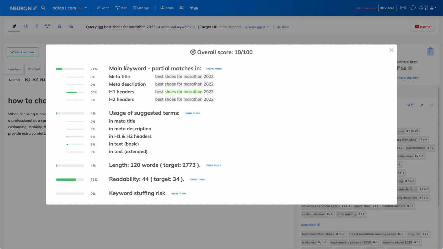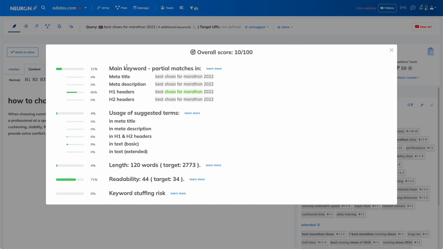For some content types, for example a university subject, the readability can be lower, which means it will be harder to understand and read because it's university content. And in some cases the readability will be very high, which means it would be very easy to read, like content for 5th graders or something like that.